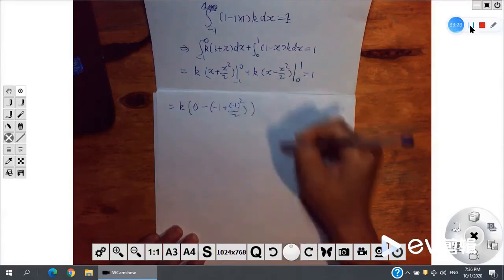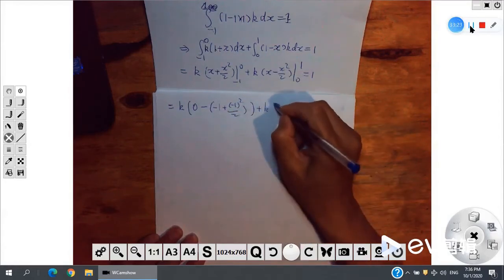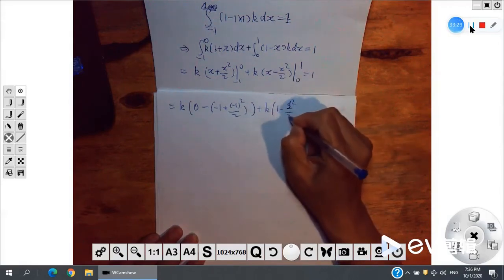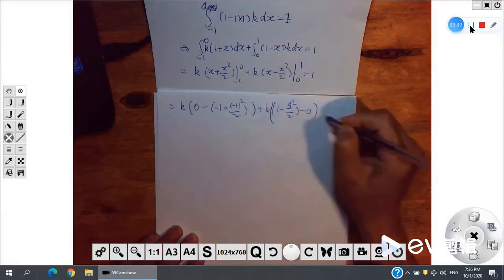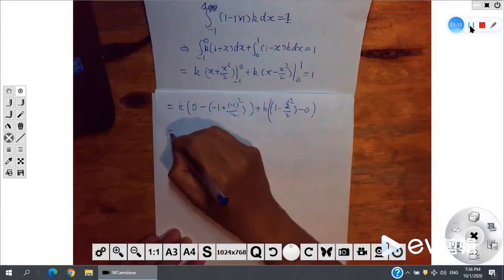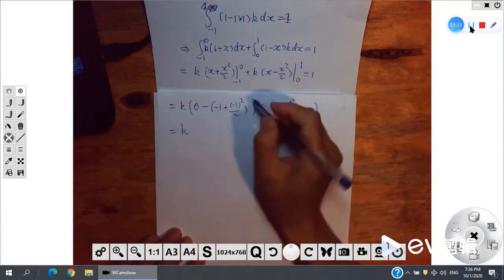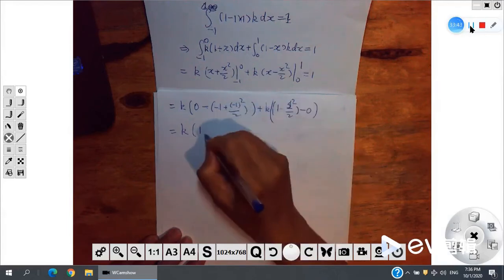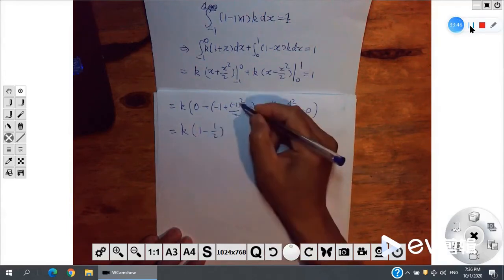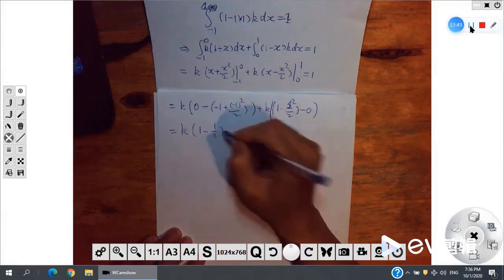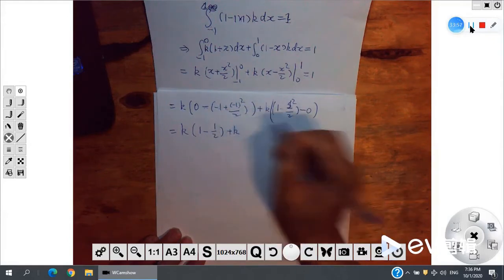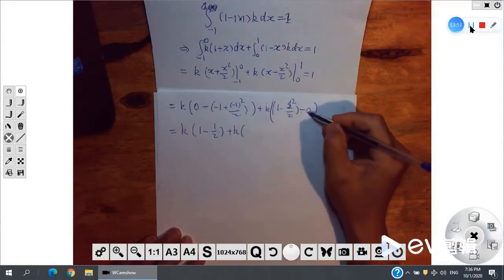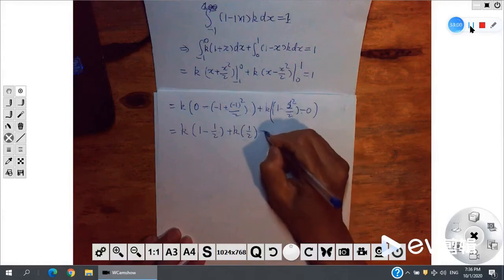The second term is k times (1 minus 1 squared over 2), minus 0, which is 1/2. So the first term is 1 minus 1/2, which is also 1/2.